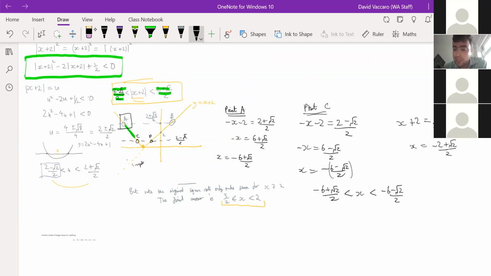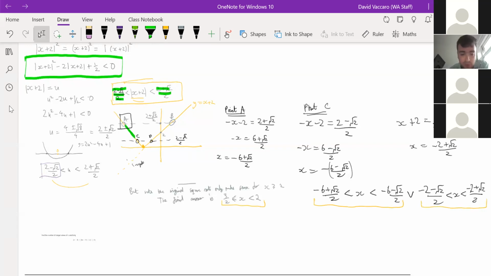And then D, I would have the same point but negative, and so I get a similar range, which is -2 take away √2 over 2 is less than x, is less than -2 plus √2 over 2. And then I get the union of those two intervals.